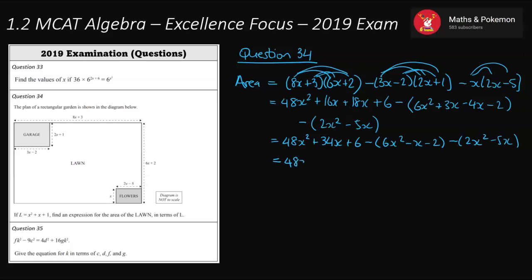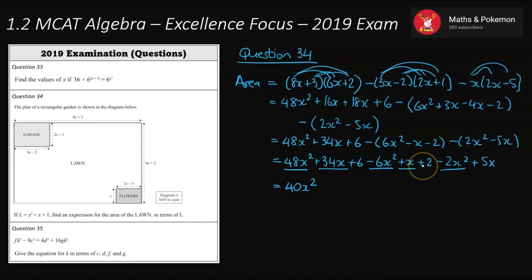So 48x squared plus 34x plus 6 minus 6x squared plus x plus 2 minus 2x squared plus 5x. We're now going to group together the x squared. So we've got 48 minus 6 is 42, minus another 2 is 40x squared. We're then going to deal with the x's.